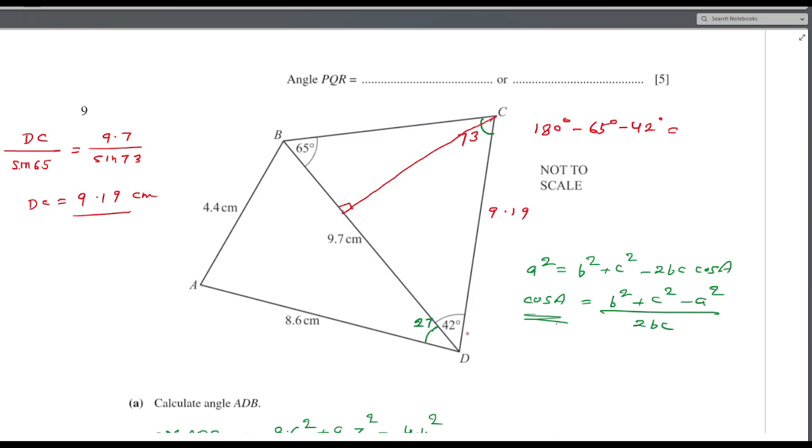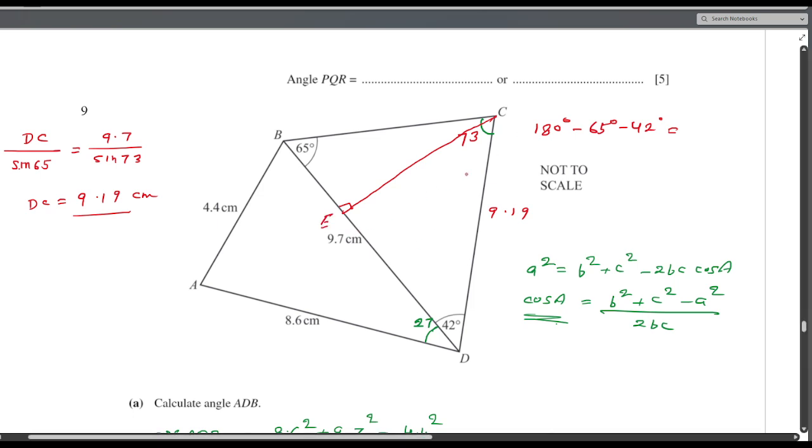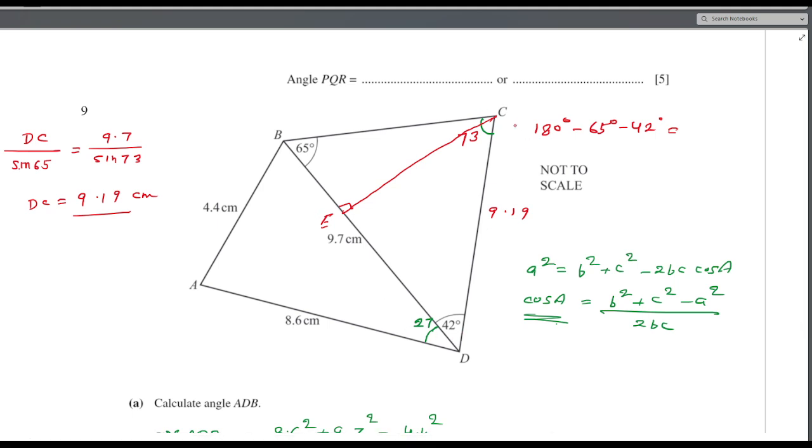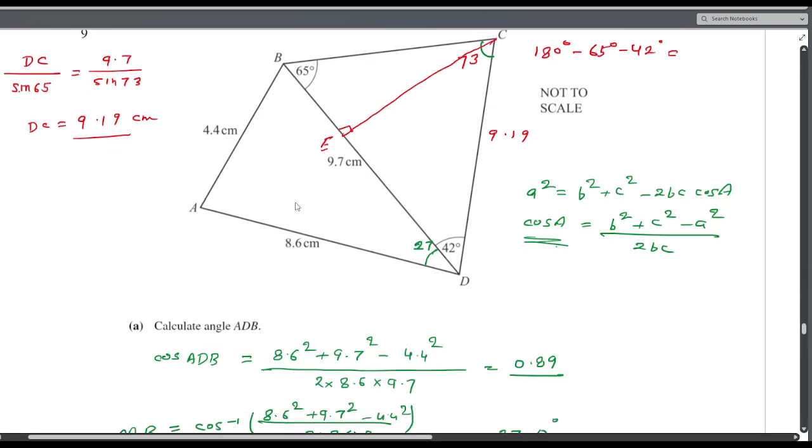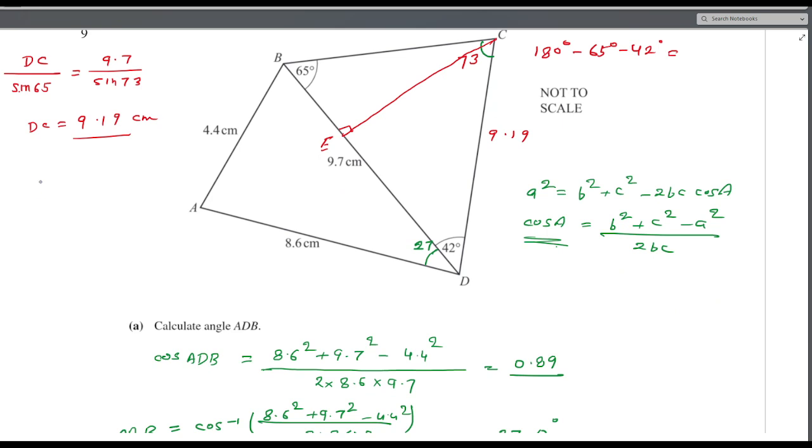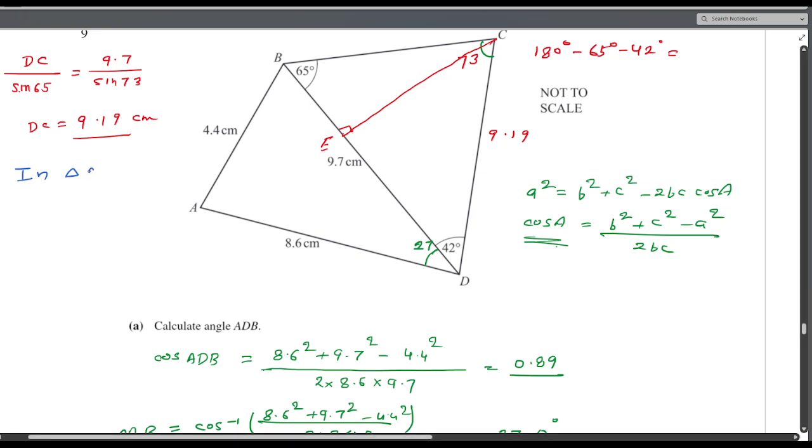To find the perpendicular distance, let us say it is CE. In triangle CED, I can use the sine formula.